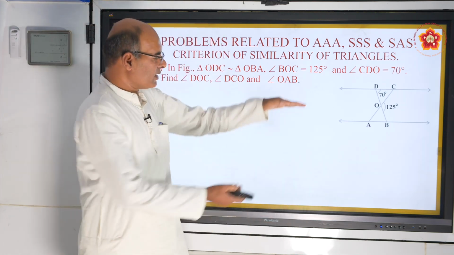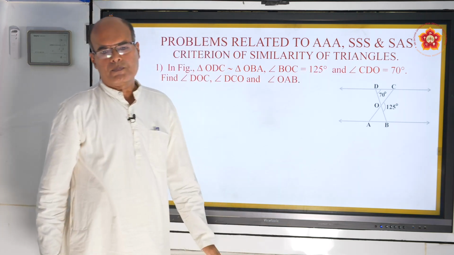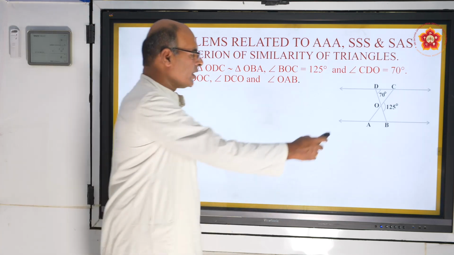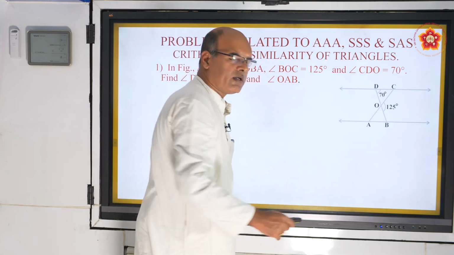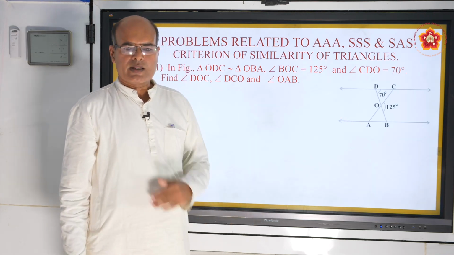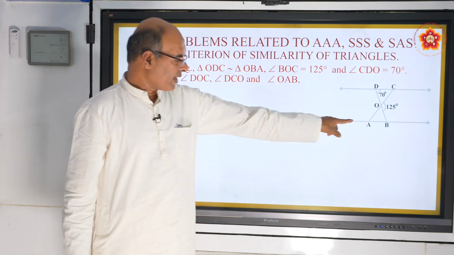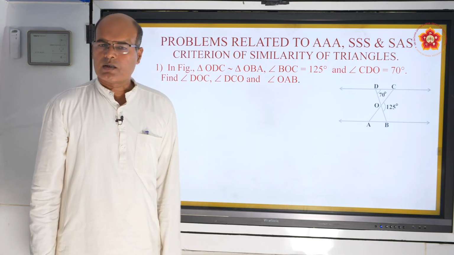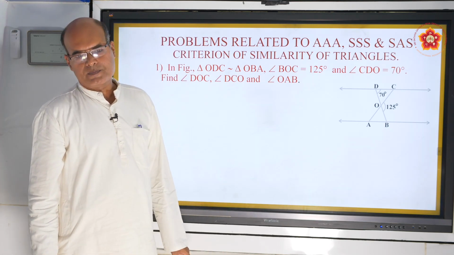It is not given that these two lines are parallel. If it were given that these lines are parallel, then angle C and angle A are alternate angles, and we can directly tell that the alternate angles are equal. Therefore, we can write angle A is equal to 55 degrees. But it is not given that they are parallel.